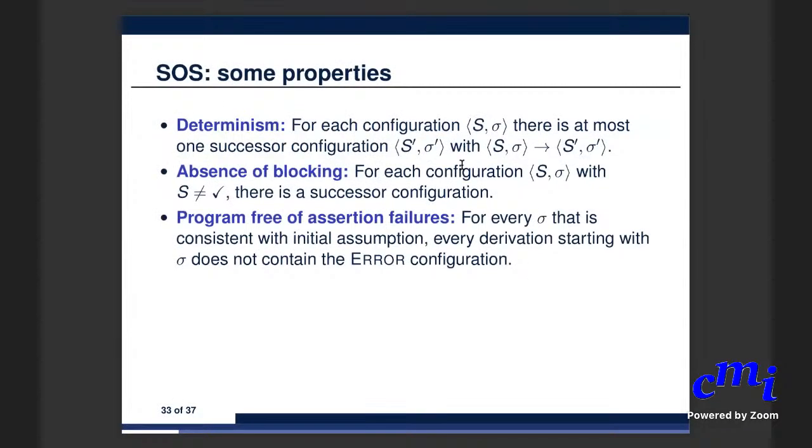Okay, so some of the properties that you can verify. These are program independent, design independent properties. So for each configuration, there is at most one successor configuration. Because if it's a sequential program, usually you would want determinism. Someone asked if this was capturing concurrent program semantics or sequential program semantics. So I said the inference rules would be defined in such a way that they capture sequential semantics.